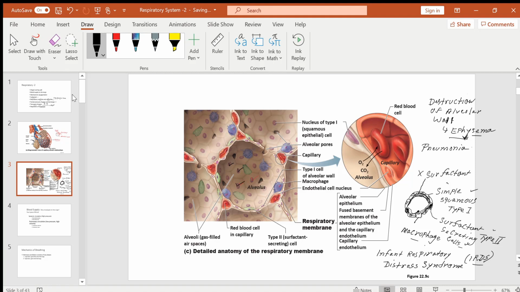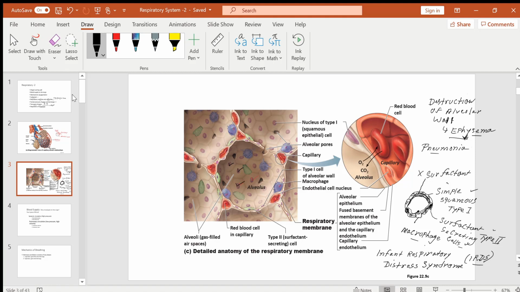The alveolar wall or lung tissue gets infected by virus or bacteria. Sometimes it can also occur due to chemicals that can cause inflammation in the alveolar wall.